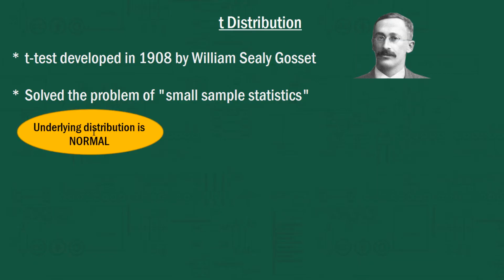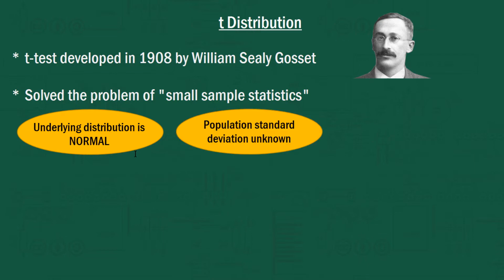Anyway, the problem that he was solving was when we knew the underlying distribution as normal. So let's say we're just talking about people's heights, right? It's a pretty reasonable assumption to presume that heights might be normally distributed, say within a particular sex. However, if you didn't know the population standard deviation, and you only had a small sample with which to estimate that, there were some problems that arose.